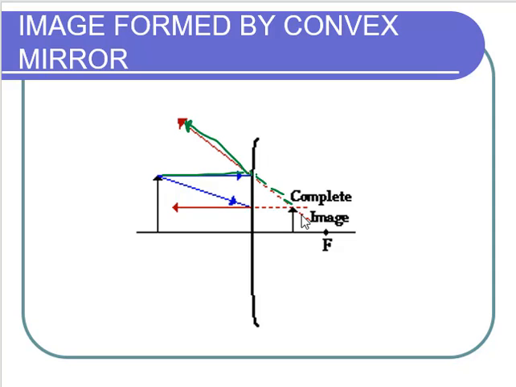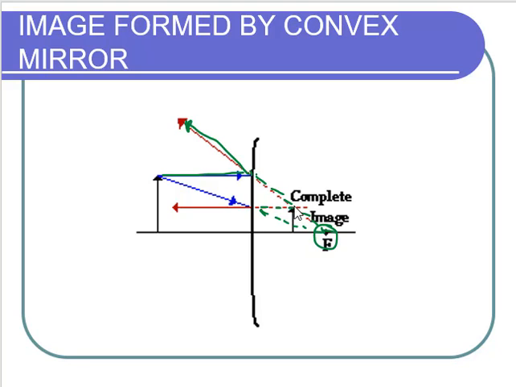But you have to make sure that the extension here should pass through F. If you're going to extend this line, it should also pass through F. But since it's diverged, you can see here, it will be reflected back parallel to the principal axis.